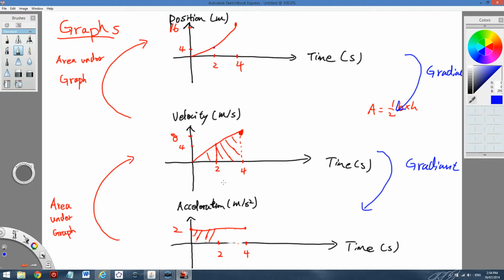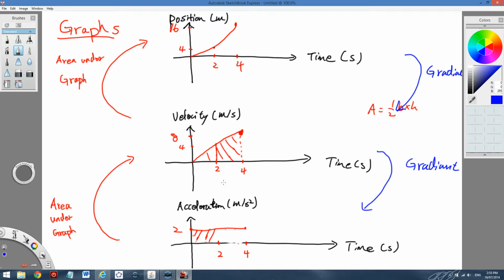Now, a tip I can give you is to always remember Isaac Newton. Newton is the one who invented calculus in math. He invented calculus to solve physics problems.